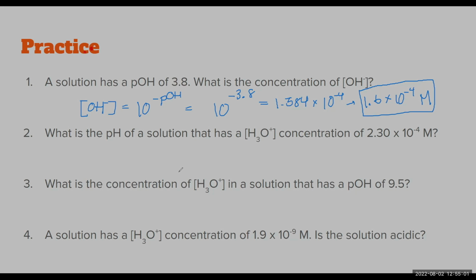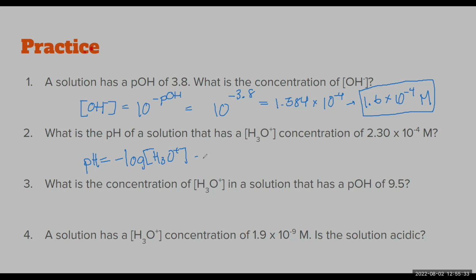The next problem is, what is the pH of a solution that has a H3O concentration of 2.30 times 10 to the negative 4 molarity? So I'm going to plug into the formula. pH is equal to the negative log of the concentration of H3O plus.